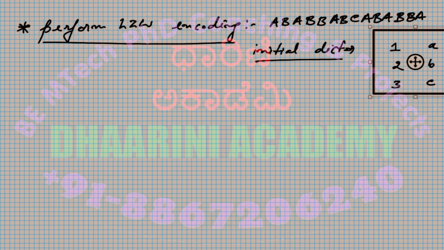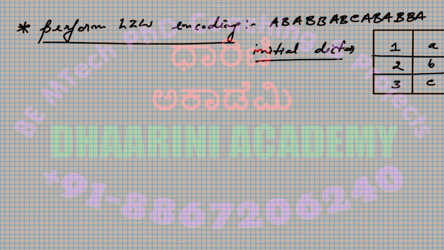It's not that 1, 2, 3 has to be written. You can start with 0, 1, 2, absolutely fine. When you refer to your class notes, you may see they start from 0, no issues. This is the initial dictionary given.